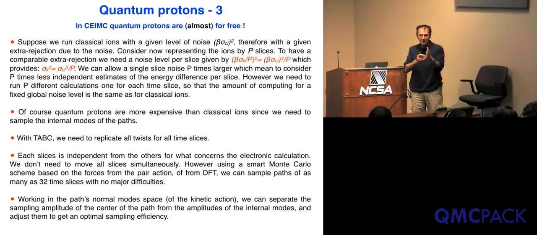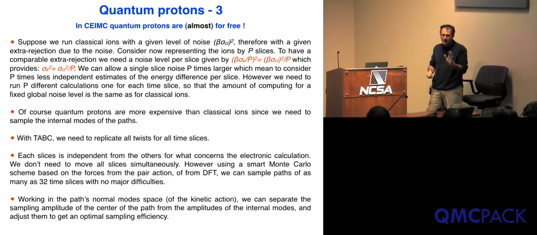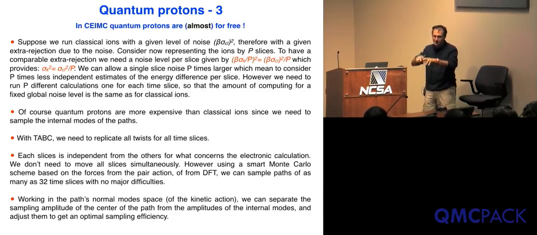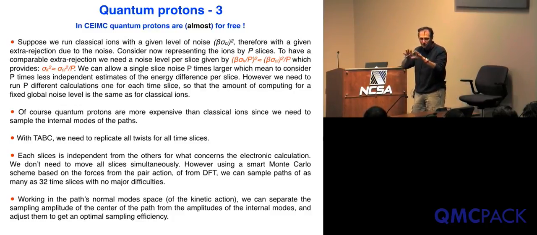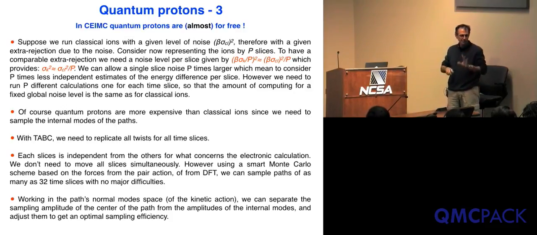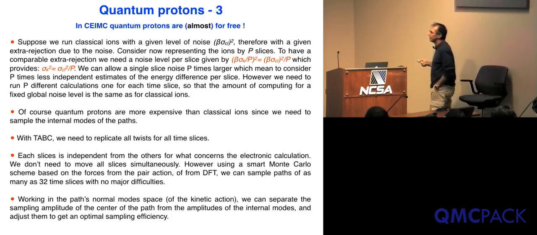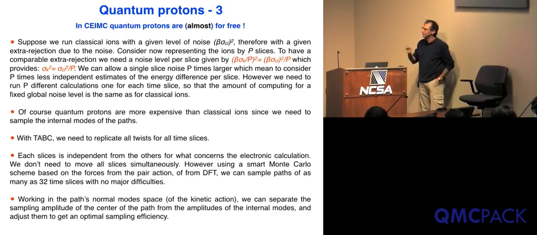So at the end of the day, the number of electronic steps that you do is equivalent, except for the fact that you have to relax this path. So moving a path is more difficult than moving a point particle. But the number of electronic steps, in principle, is not increasing linearly with the number of time slices. And so in this sense, again, you gain in doing quantum protons, or you don't lose at least. I think there is an error here, but anyway.